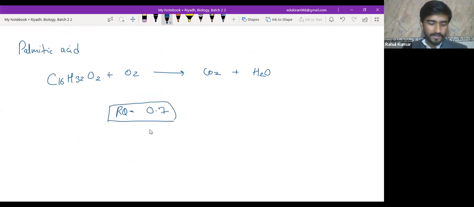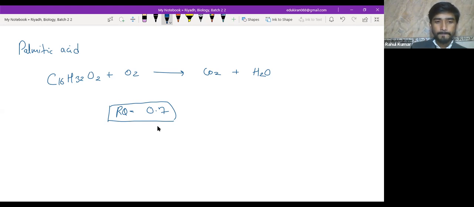You can write down after this that for most of the common fats, like palmitic acid or palmitate, the RQ is around 0.7 always. Write down RQ is around 0.7 for most of the common fats, and about 0.8 to 0.9 for proteins.